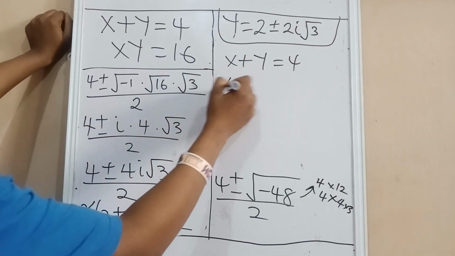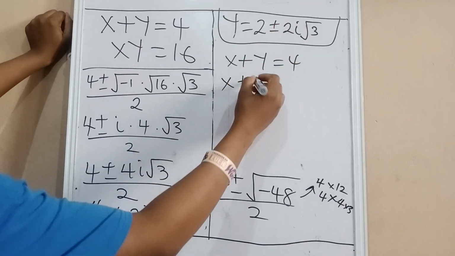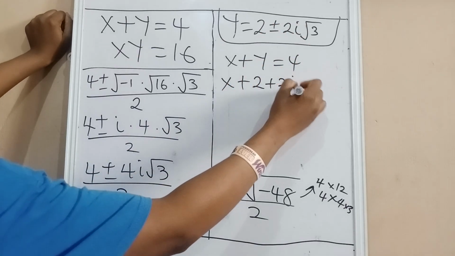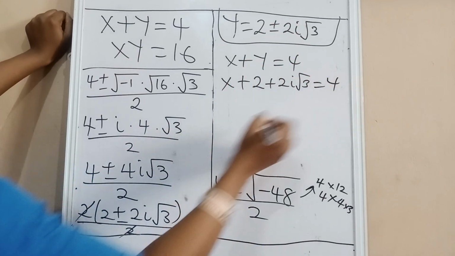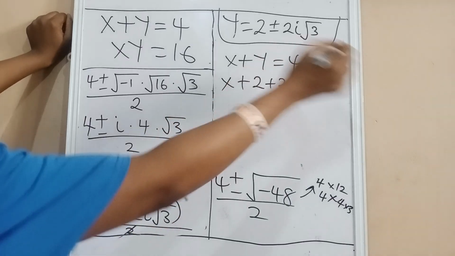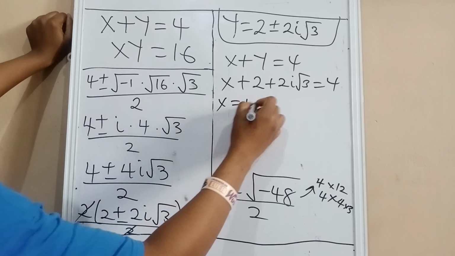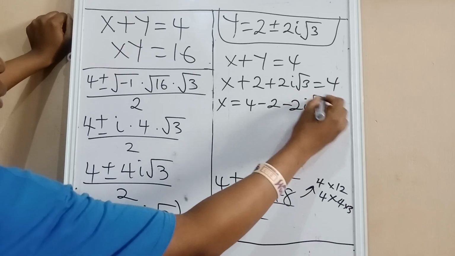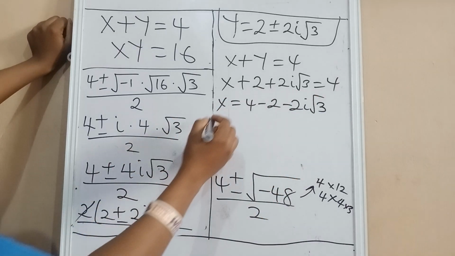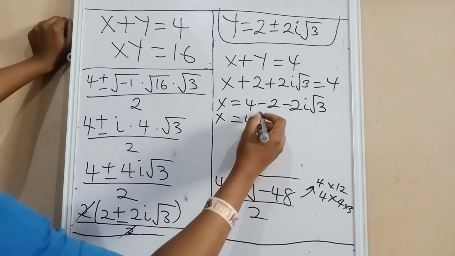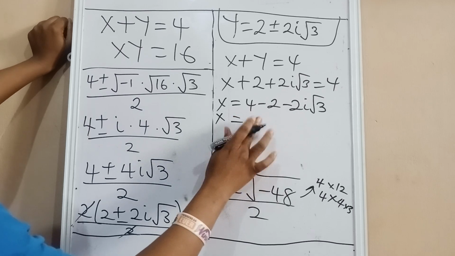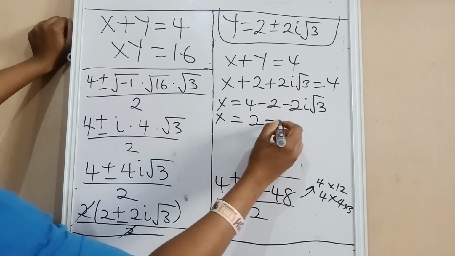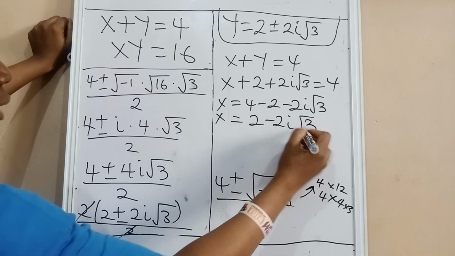So let's try for 1. We're taking 2 plus 2i root 3 equals y, and x plus y equals 4. I'm going to move everything to the side. We have 4 minus 2 minus 2i root 3. 4 minus 2 is 2 minus 2i root 3.